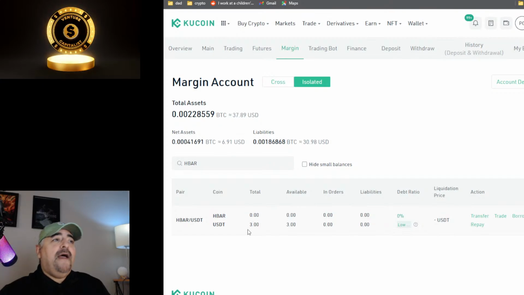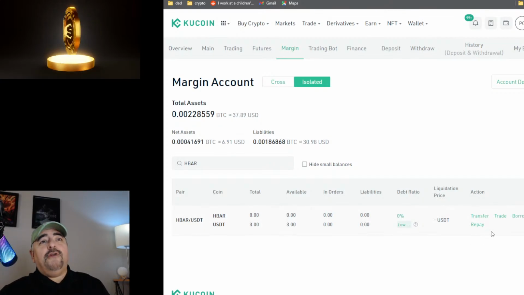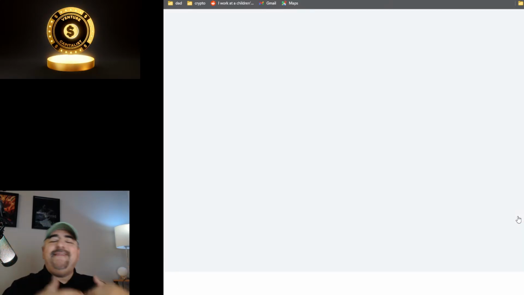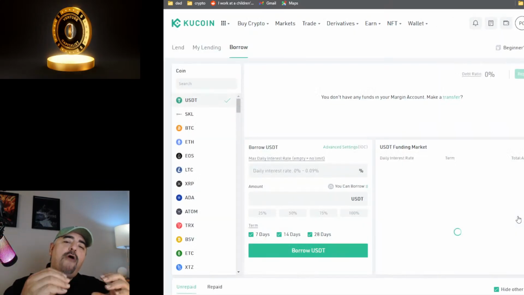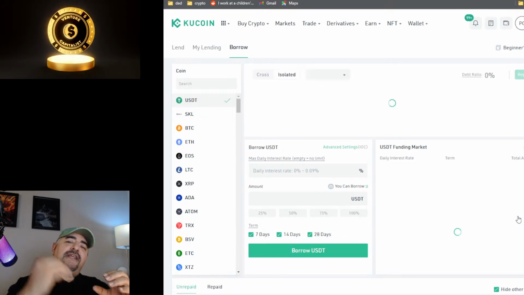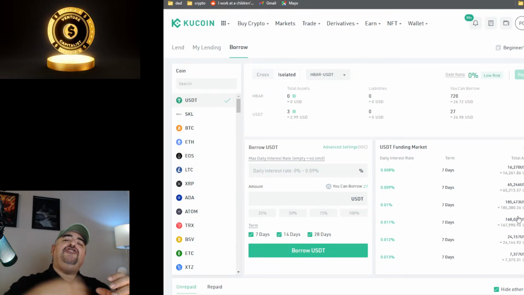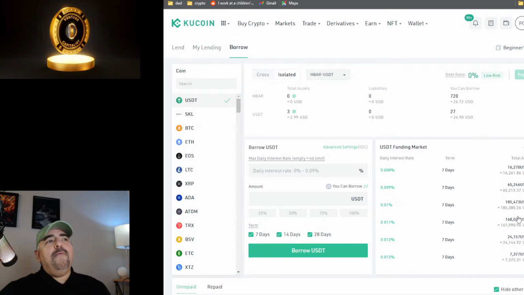Very simple. Now that we have $3 over here, we're going to borrow. Now the difference is when you go long, you borrow USDT because you need USDT to buy HBAR. But since we are actually shorting HBAR, we're not going to borrow the $27 of USDT.